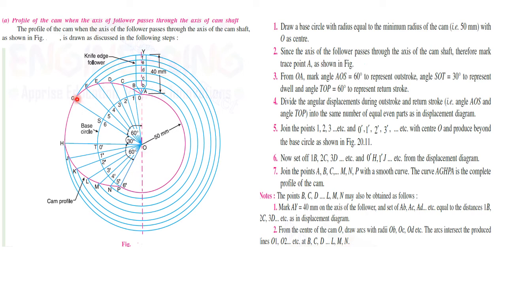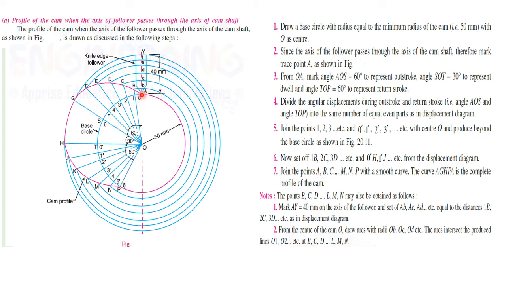Similarly, OG, again we extend the line O 0 dash, cut at H. Similarly O1 dash cuts at J. Similarly O2 dash line cuts at K. And similarly OP line cuts at 6 dash.